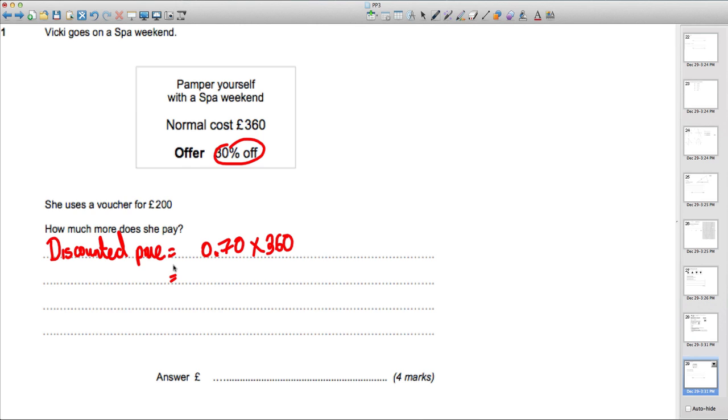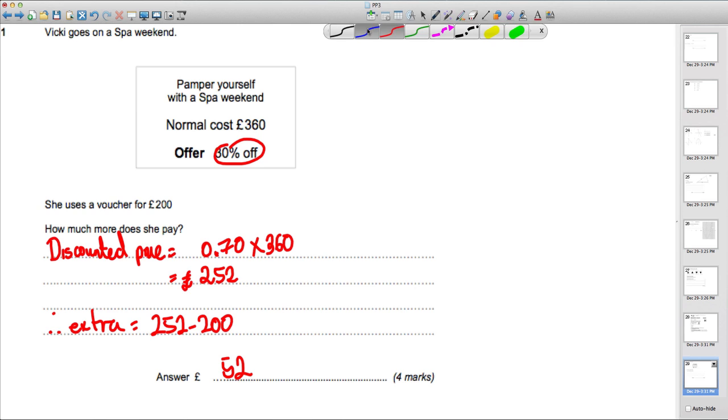In one move, that gives you the discounted price of £252, and therefore extra must be 252 take away 200, which is equal to £52. Simple as that. 4 marks, very straightforward 4 marks to start the paper off.